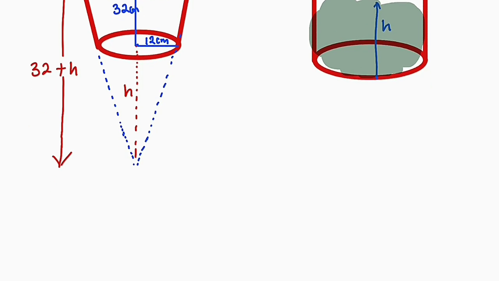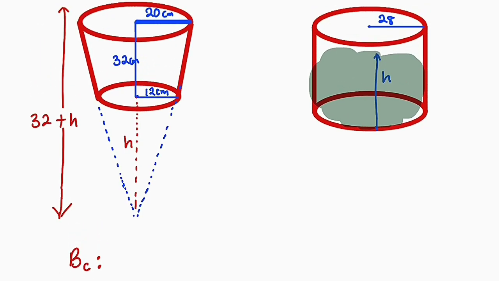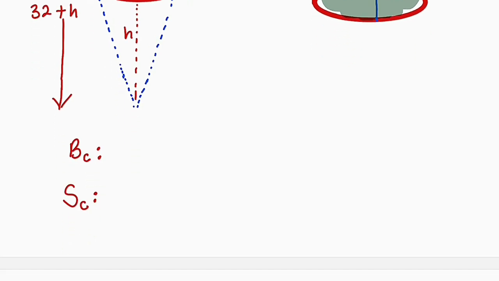So let me do something here, because we have a big cone and we have a small cone. Let's write some parameters here. The big cone has a radius of 20 cm. So let me use capital R for the big radius, which is 20 cm.